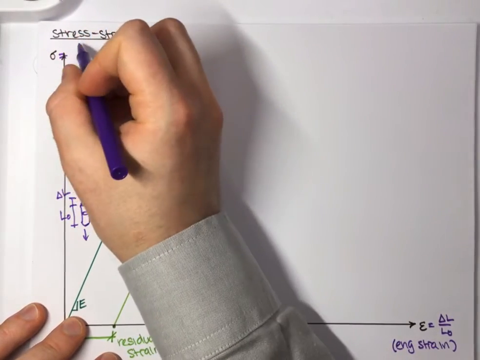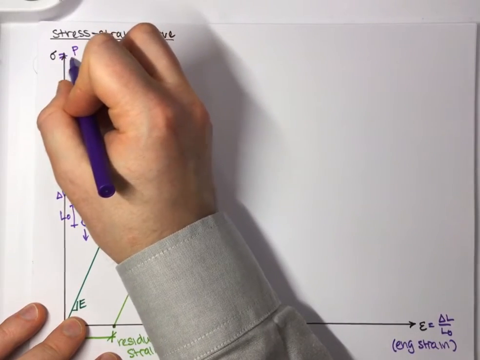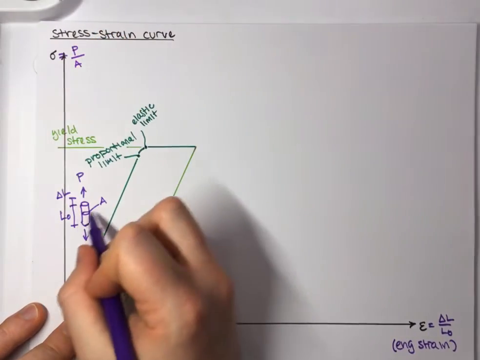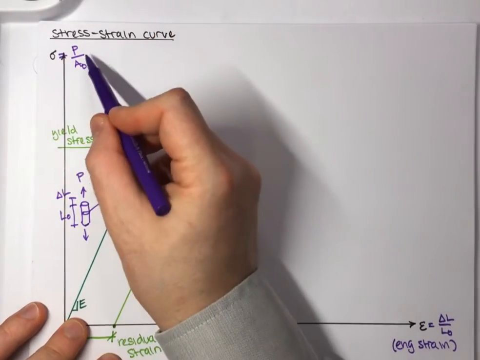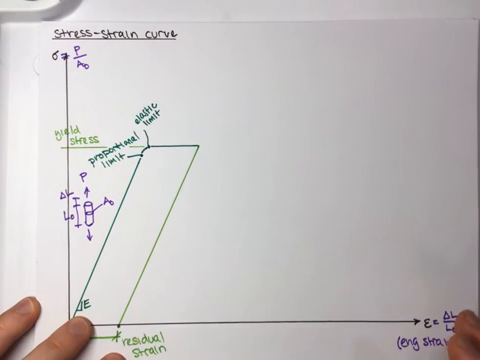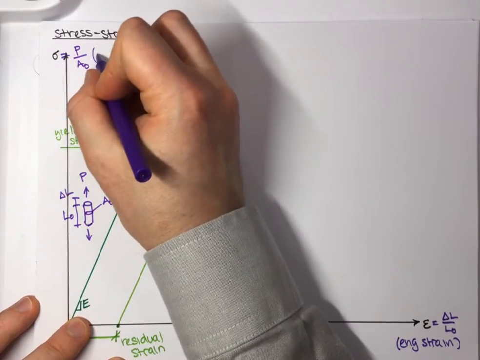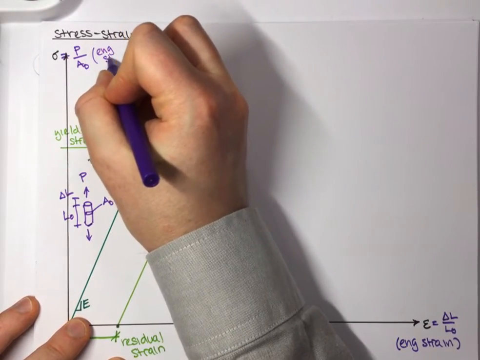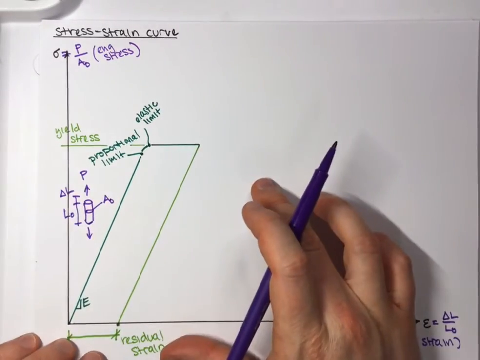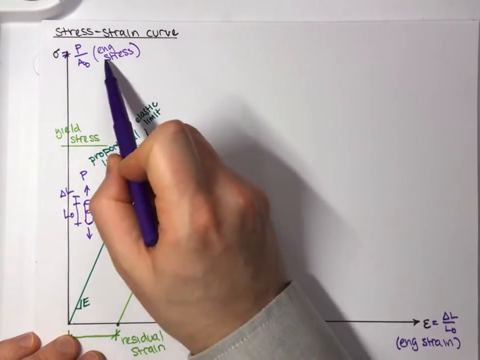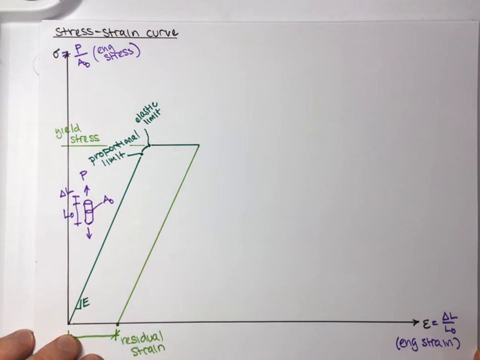Stress up here, this is going to be P over A, and I should really say A naught. And because that's the original area there, we can call this the engineering stress. And it's important that I point that out because the picture that I'm drawing here is relating engineering stress and engineering strain. And there's some different ways you could express this which would change the way this picture looks.